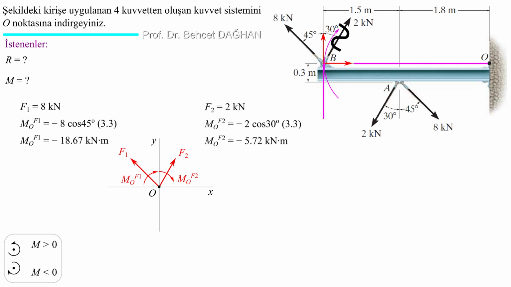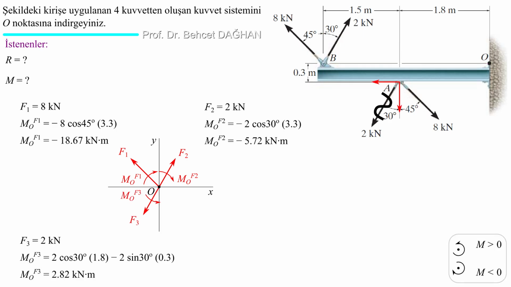Let's move on to the third force, the 2 kilonewtons force acting on point A. We will reduce it to point O. We will move it to point O. We take the force as it is to point O, apply it, and add a couple to the system.